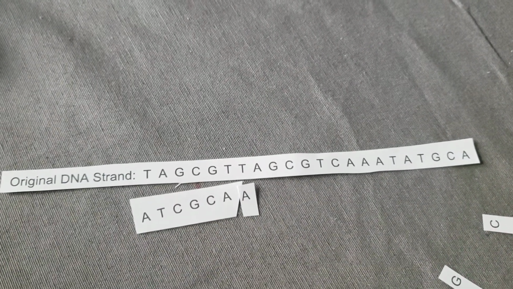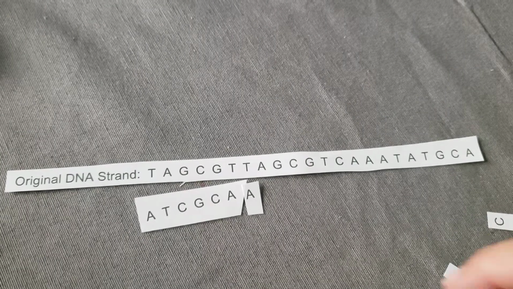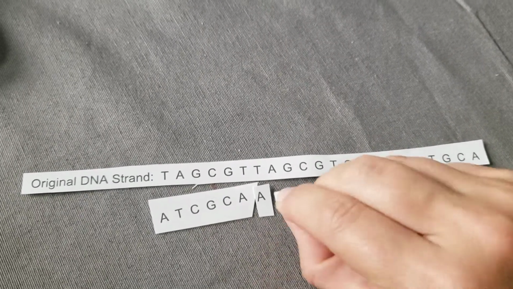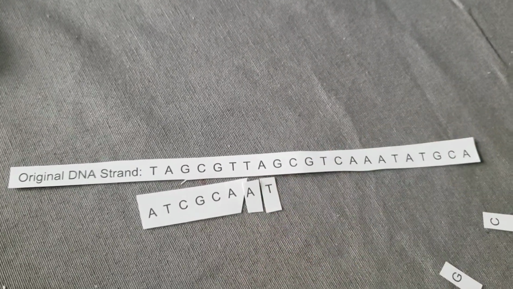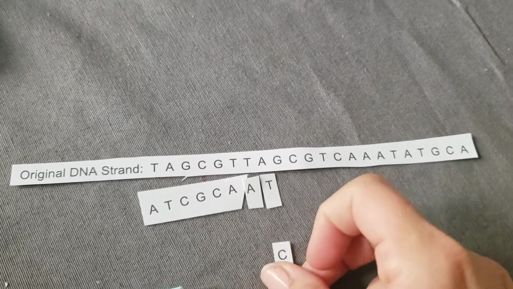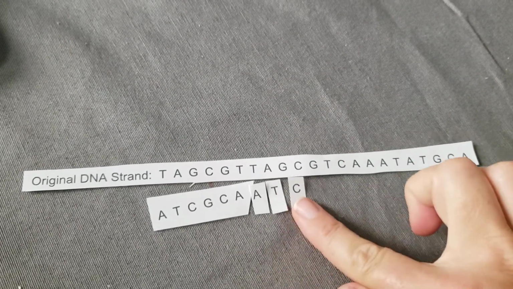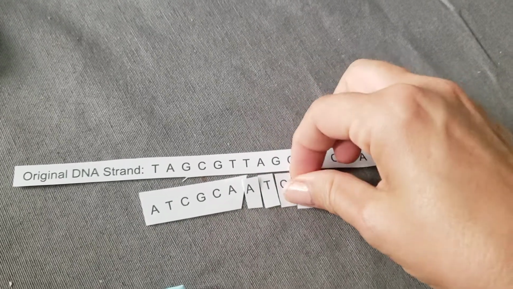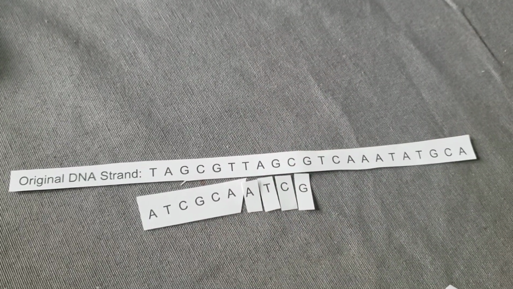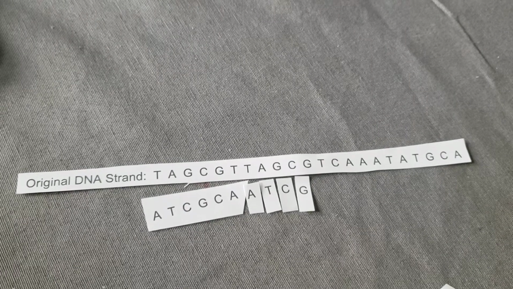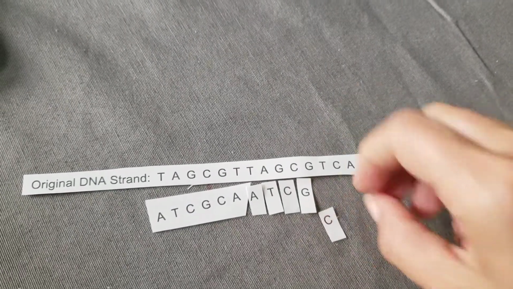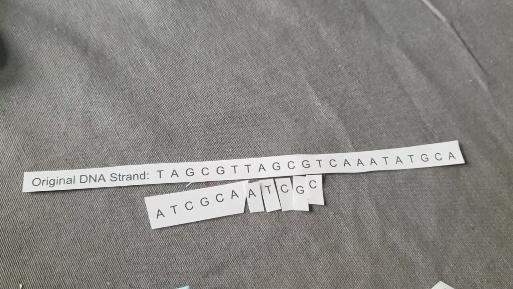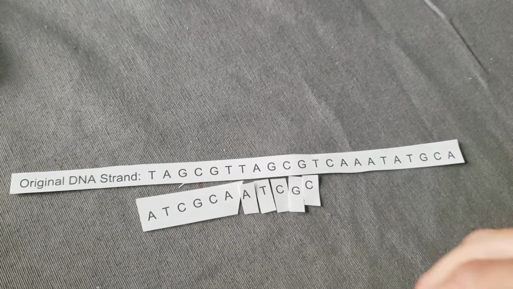Then it would be placing a T, then a C. Okay, I think you're getting the idea. A G would follow. And let's say it places another C. I'm going to go one more. And then it places an A.